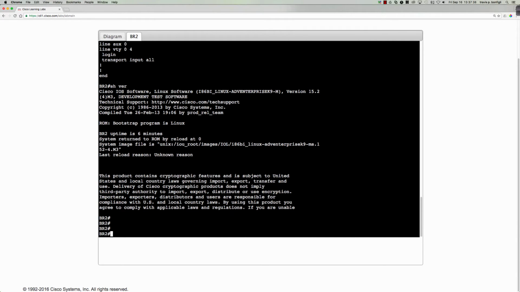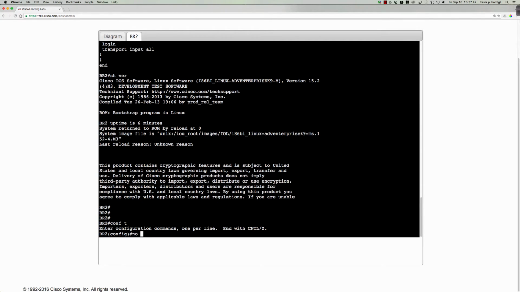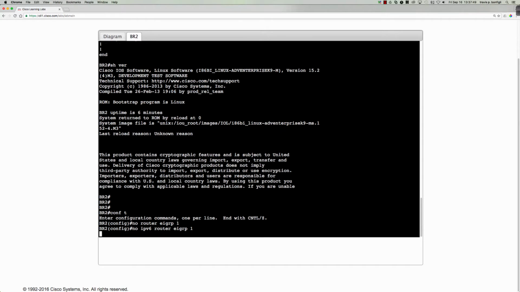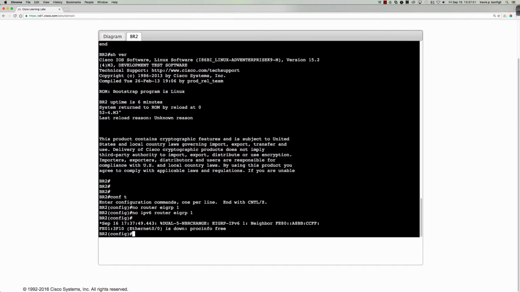So in step 3, they want us to go into global config and say no router EIGRP 1 and no IPv6 router EIGRP 1. And you'll notice something here, right?